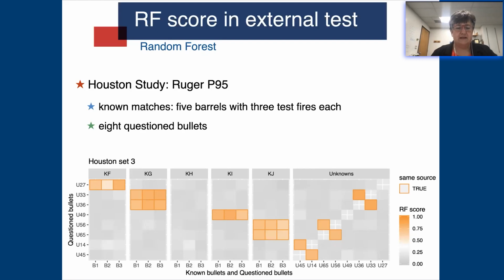So that's just the setup of the study. We actually do have more test fires from each one of these barrels, but that's outside of this particular study. So we can investigate how many more test fires we would need to come up with better precision.